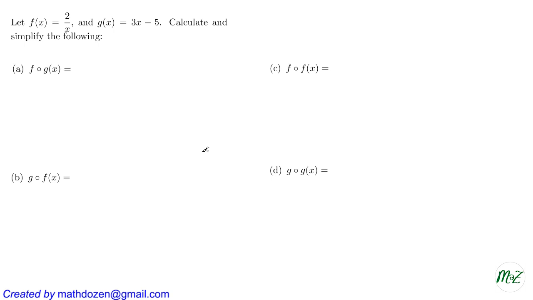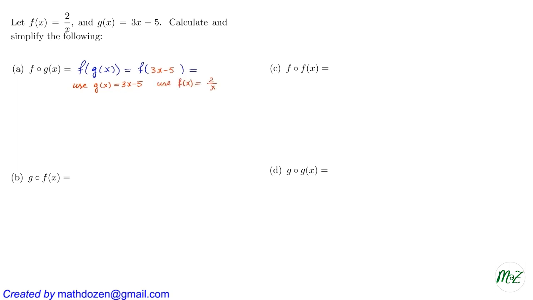Let's calculate f of g of x, this f circle g of x. So this is the same as f of g of x, and you replace the innermost function first. So the innermost function is g of x, and the formula for that is 3x minus 5. So we're looking at f applied to 3x minus 5.